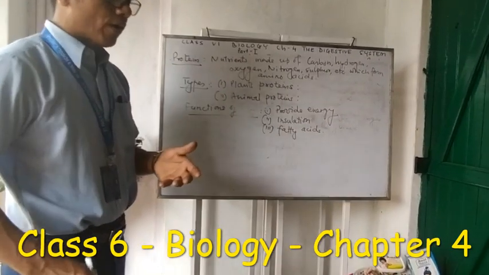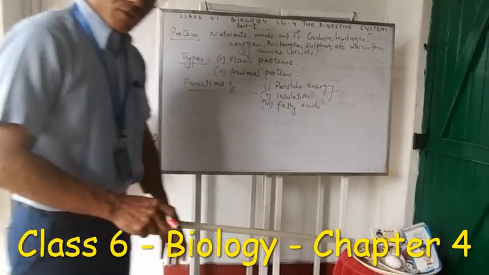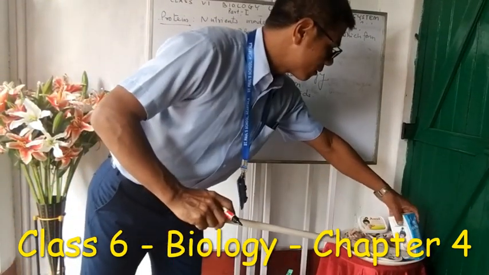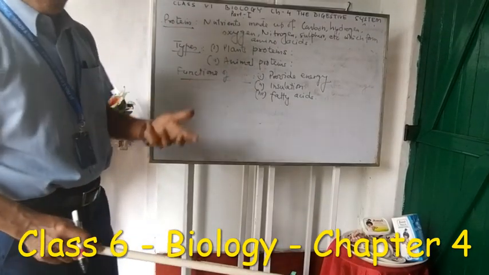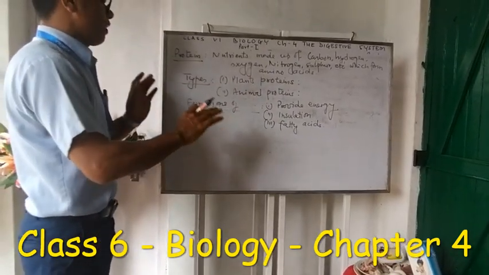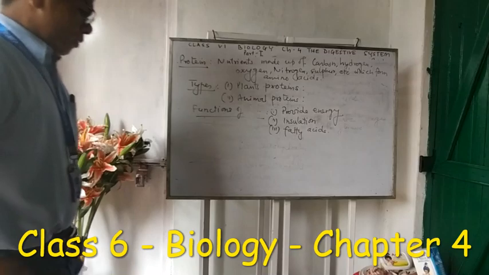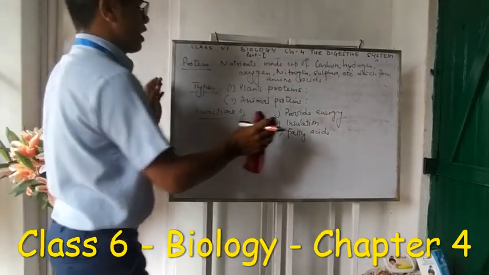The same things that you saw in fats: meat, fishes, milk, egg, and butter. There are many more. So these together form your animal protein. I hope you understood now what animal protein is.